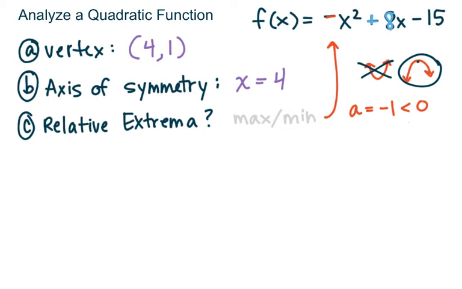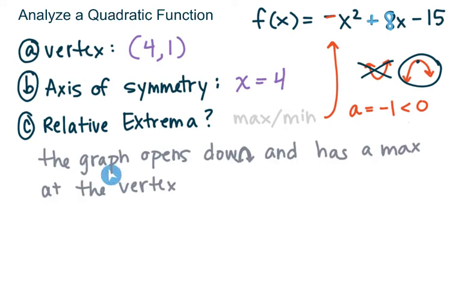If it opens down, that means it has a maximum. So as I just said, the graph opens down, and if it opens down, it has a max at the vertex. Remember, when we state max or min values, the max or min is y, and it occurs at x equals some number.